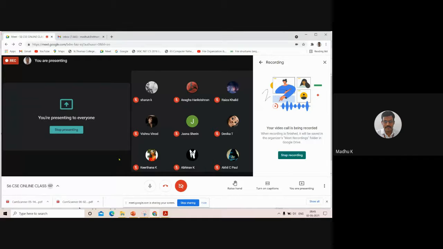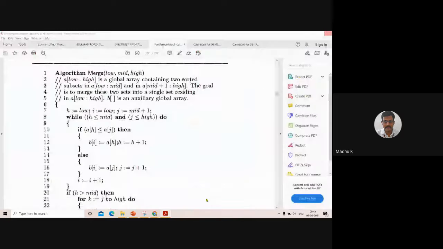In this way, we will divide the problem into small sub-problems and we will solve the problem. This is the approach we want to use. So in the first part we will discuss.